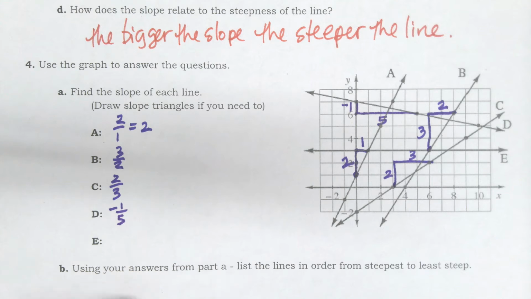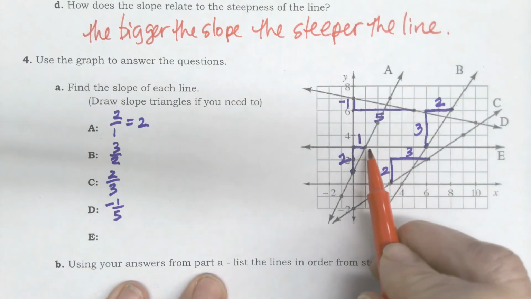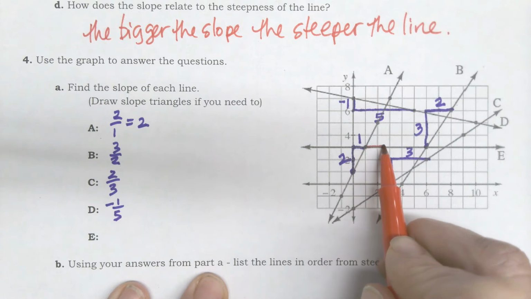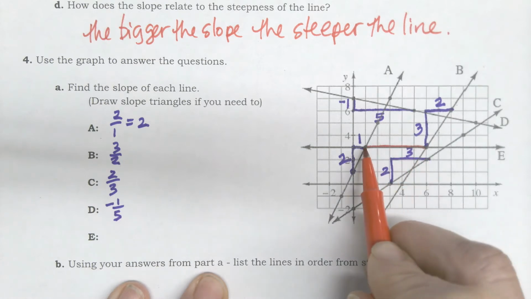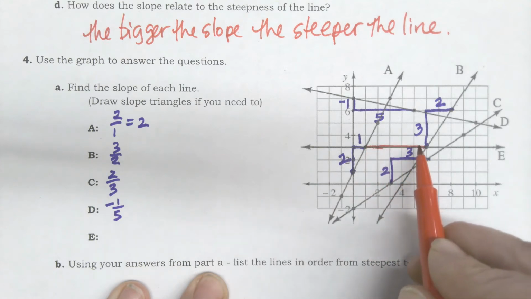And lastly, I have E. And E is a little bit hard to see. That's that straight line. So when I think about rise and run, this has no rise to get from point to point. It just has a run. I go no rise, and then I move over 1, 2, 3, 4, 5 from point to point.